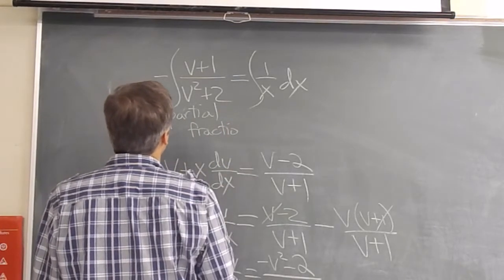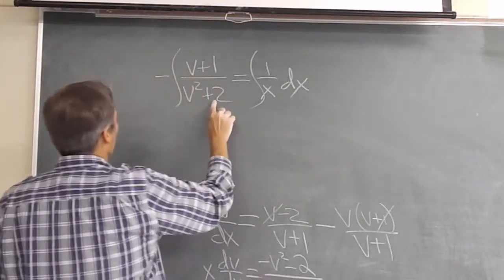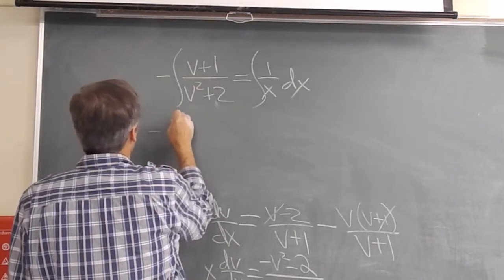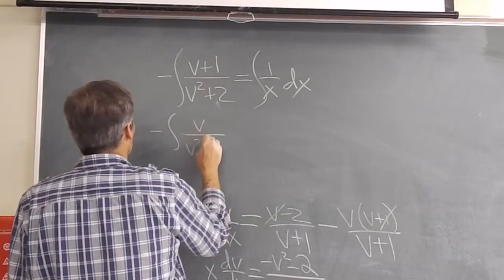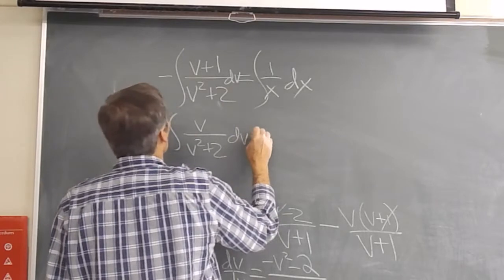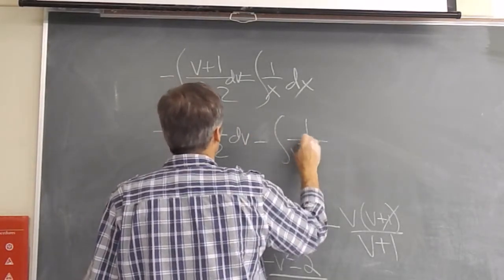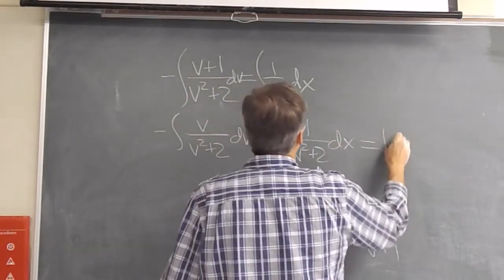Well, actually, I'm sorry. Appropriate ways to split it up. Let's rewrite this as minus the integral of v over (v squared plus 2) dv minus the integral of 1 over (v squared plus 2) dv equals, this side is natural log of x.